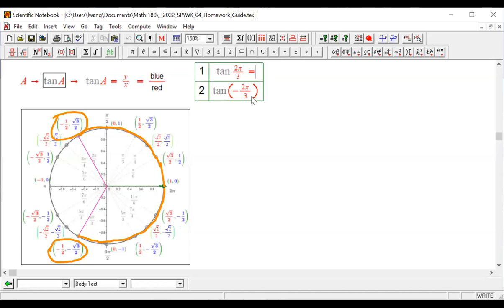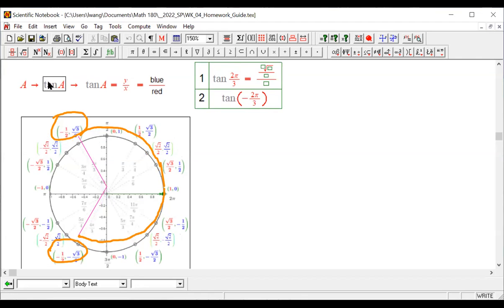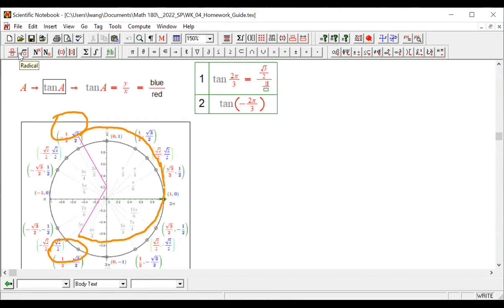So this one is going to be root 3 over 2 divided by negative half, right? And the next one is negative root 3.